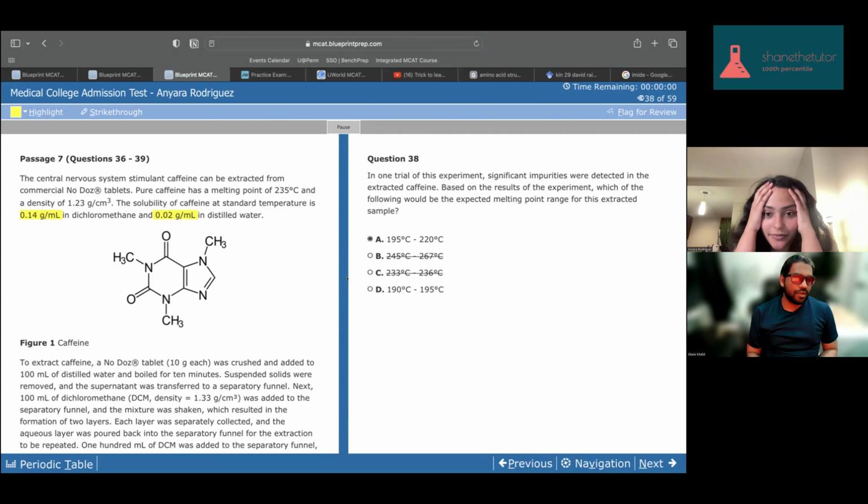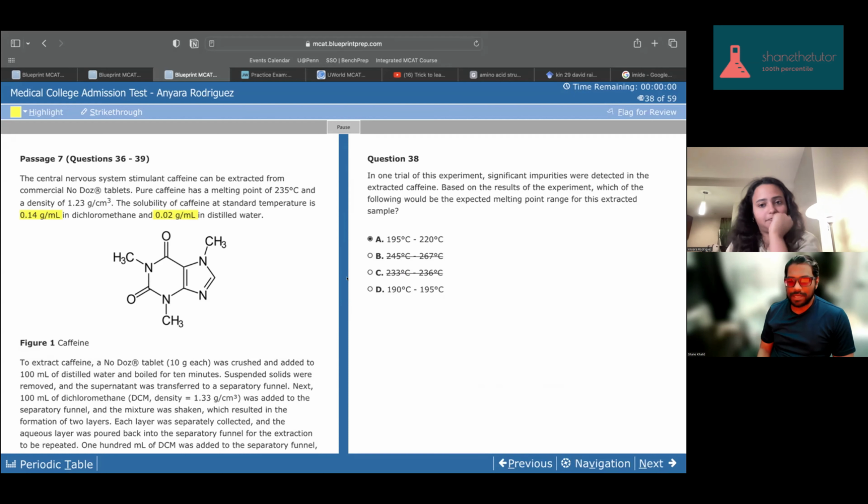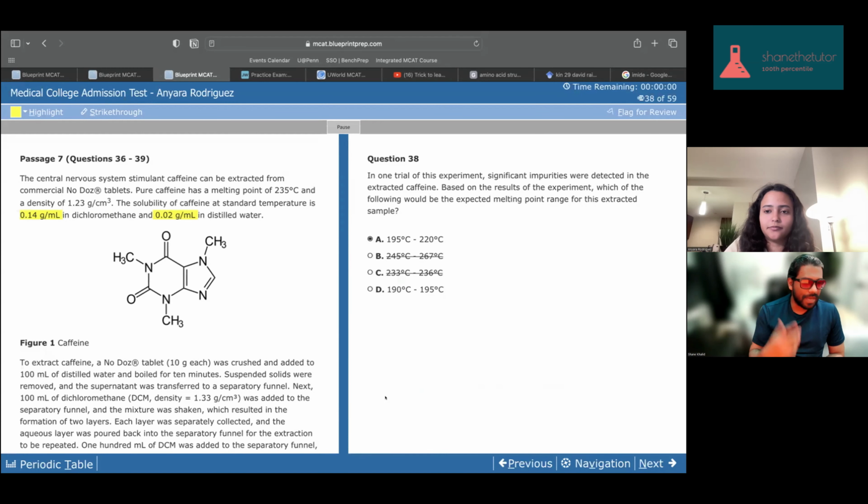So for this, we use the same type of tactic. Pure would be the highest, right? Melting point is the same as freezing point. Colligative properties mean impurities, aka solutes, lower the freezing point, aka lower the melting point. So if the pure melting point is 235, impure must be less than 235. B and C are out. Then it's 50-50, so already that's good.